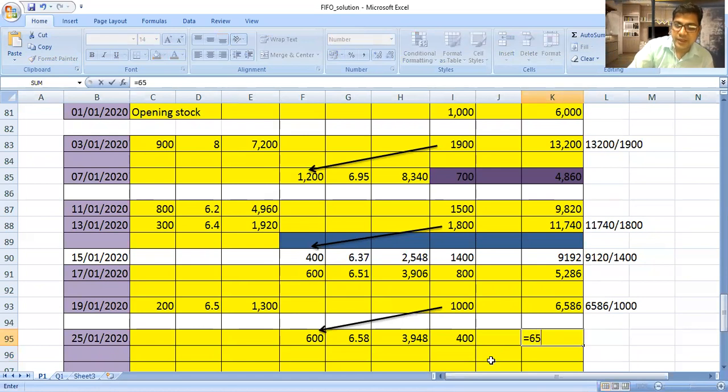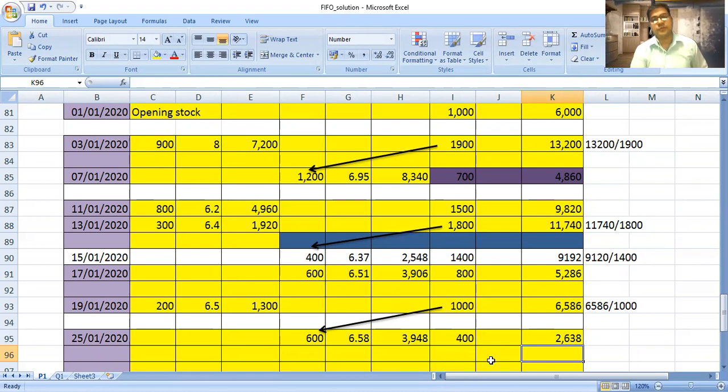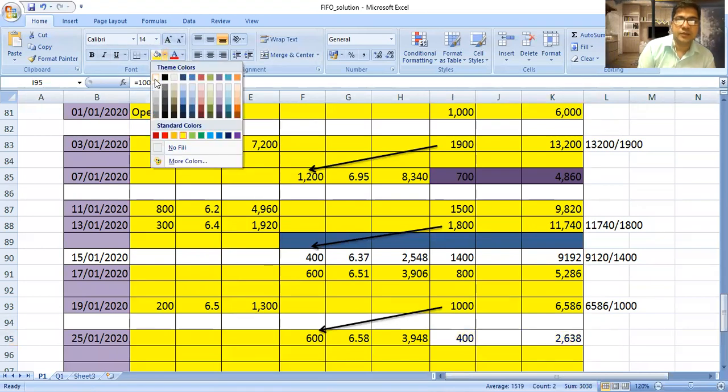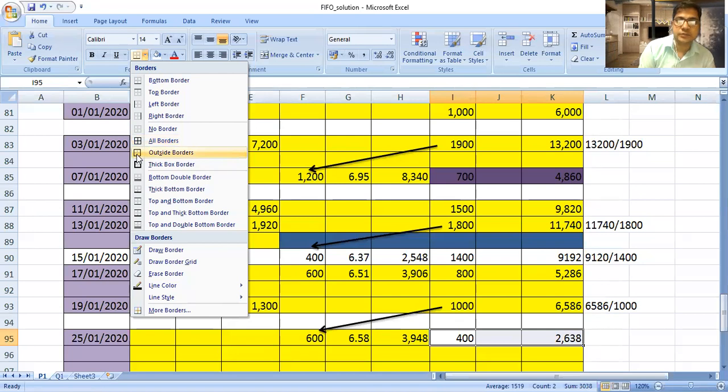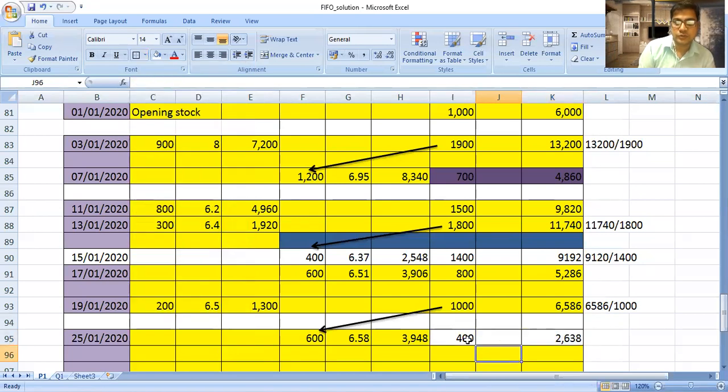Previous 6586 minus sold value 3948. Remaining is 2638. So this is the closing balance.